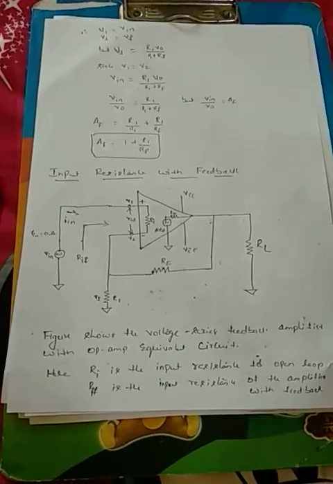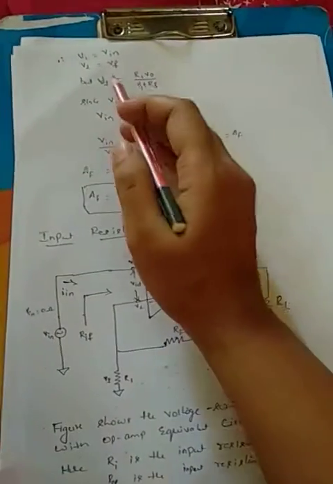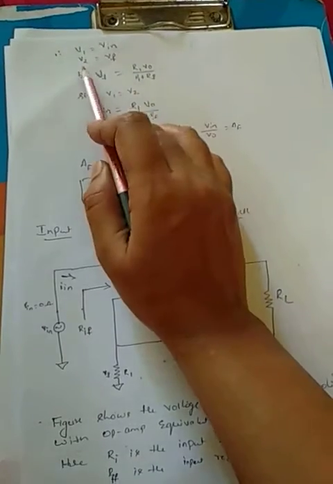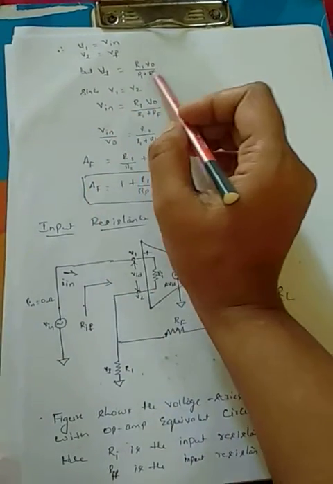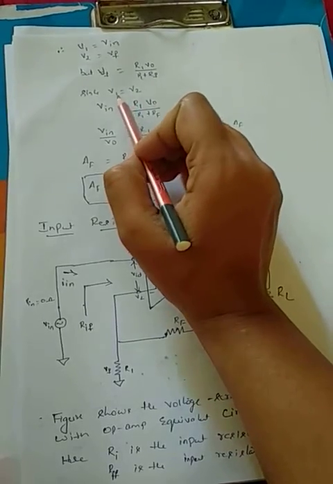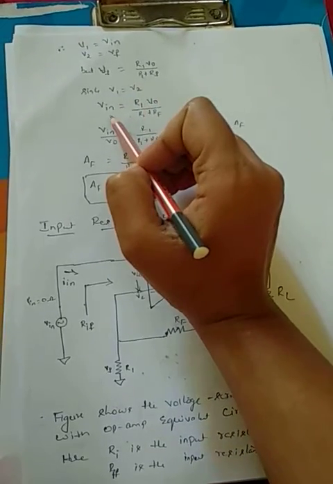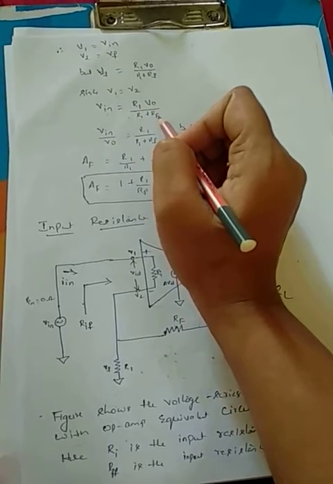V1 is equal to Vin, V2 is equal to Vf, but Vf is equal to R1 into V0 divided by R1 plus Rf. Since V1 is equal to V2, we can write Vin is equal to R1 V0 divided by R1 plus Rf.